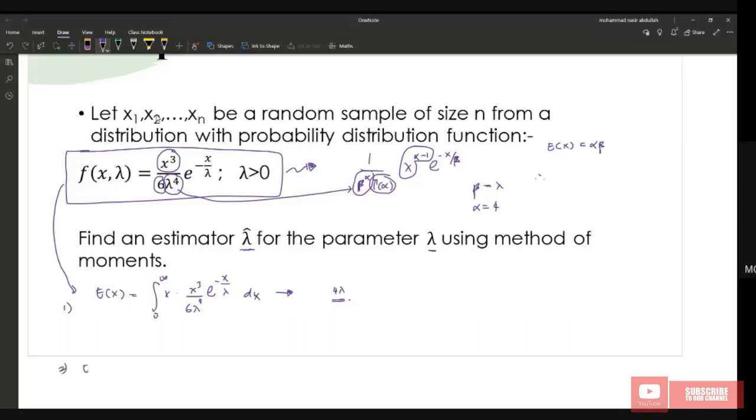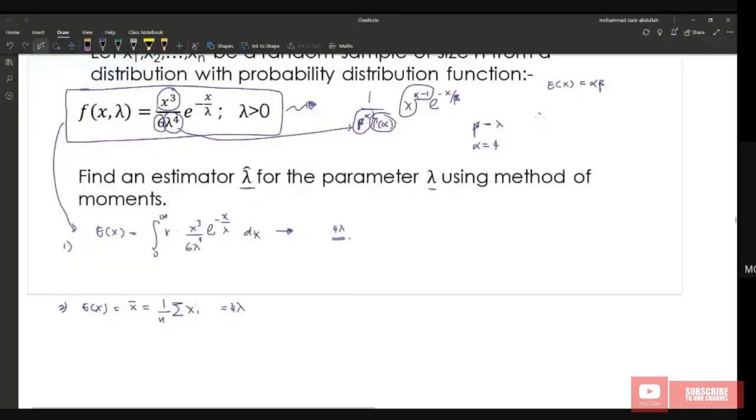The second one: the expected value of x is equal to x bar, which is also equal to 1 over n summation of xi, which is also equal to 4 lambda, right? So then you can solve for lambda hat. So 4 lambda is equal to x bar, and then lambda hat should be equal to x bar divided by 4, right?